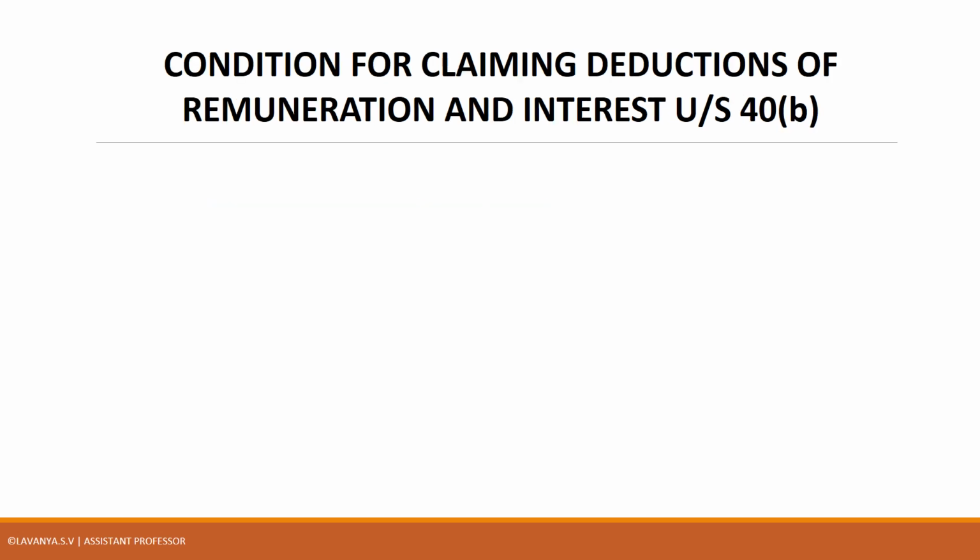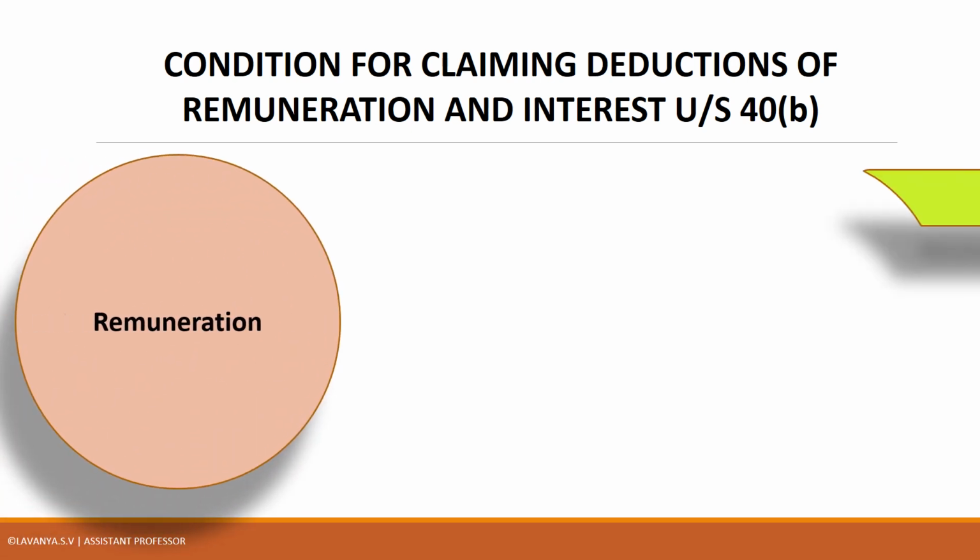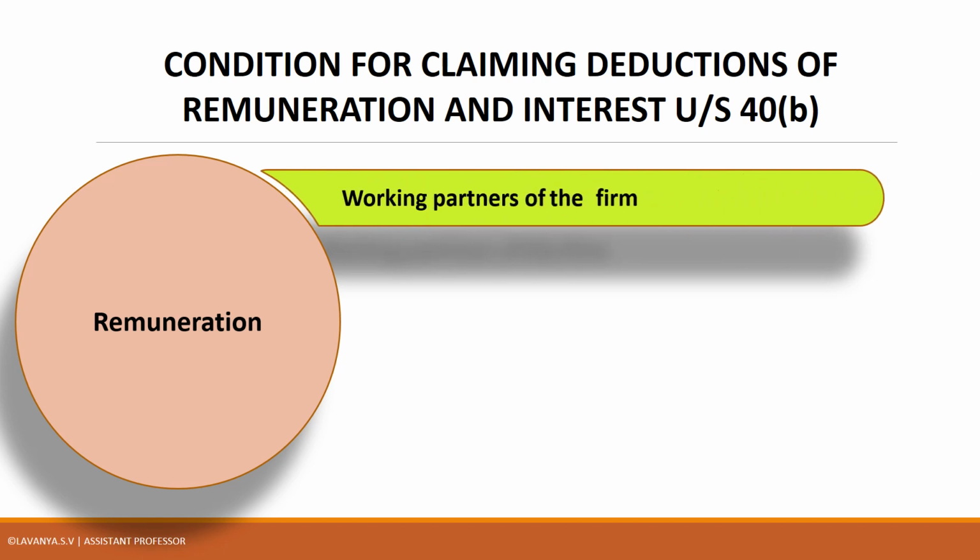Now let us see the conditions for claiming deductions of remuneration and interest under section 40B. If conditions under section 184 are satisfied, then deduction under section 40B is applicable. So the first point is remuneration is to be provided only to working partners of the firm.